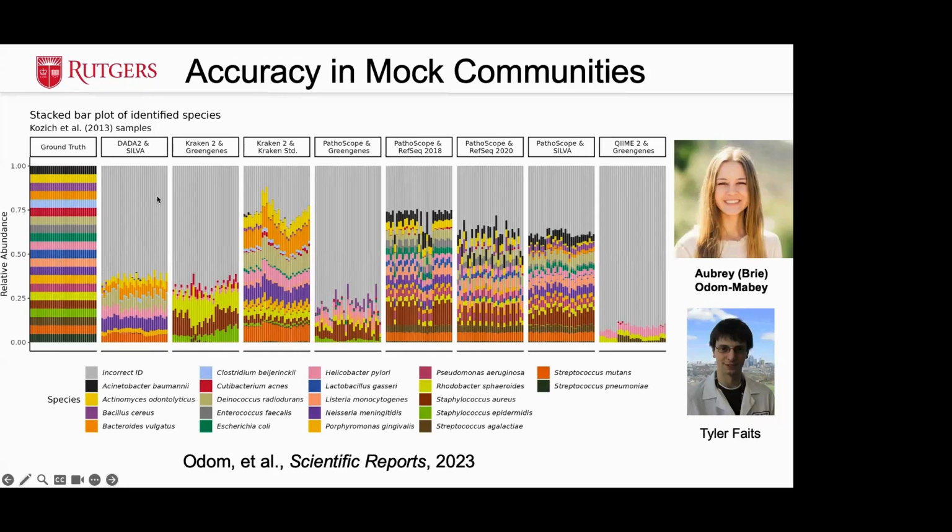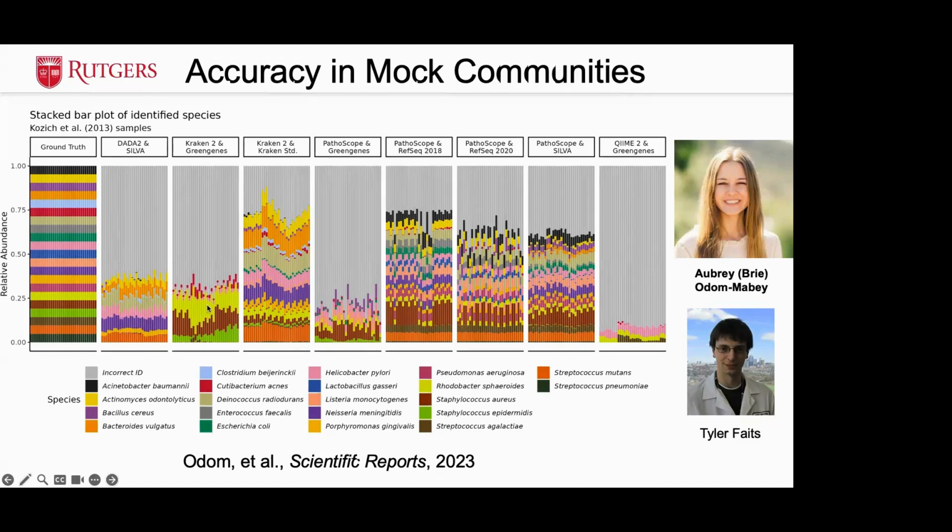But then when you analyze it using different tools, so for example, using this Data2 tool, what you see is that it doesn't do a very good job at all at identifying the species in these samples. Okay, the gray represents proportions of reads that weren't properly assigned, or that weren't assigned to any microbe at all, whereas these colors represent reads that were assigned well.